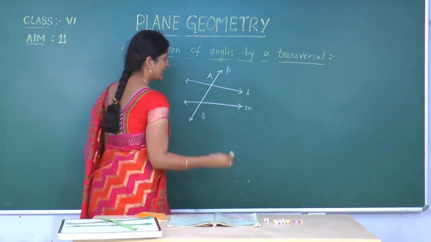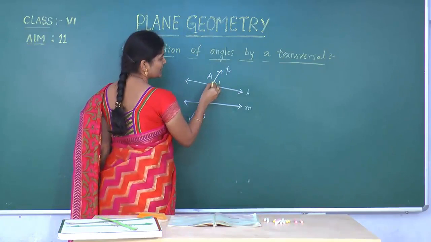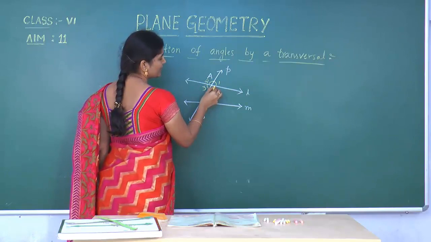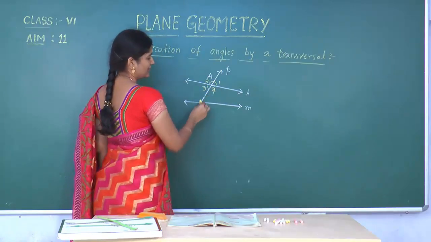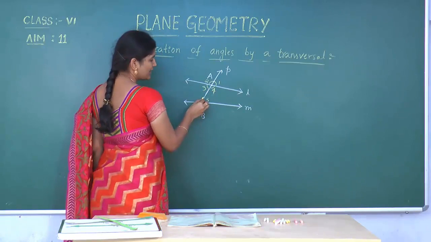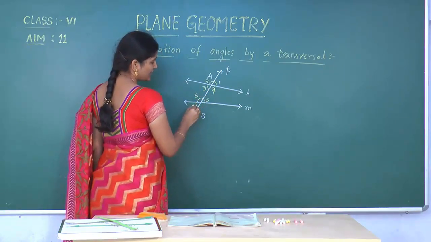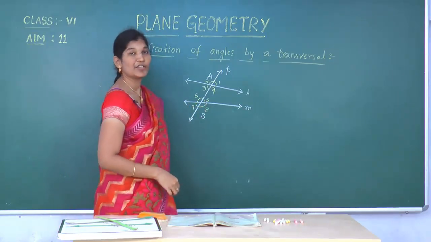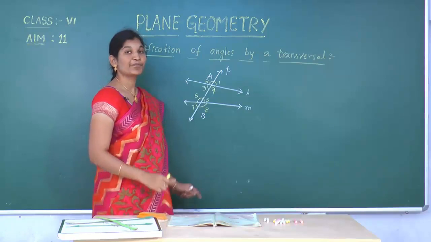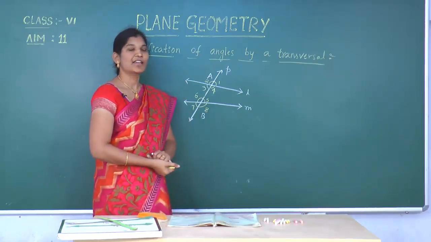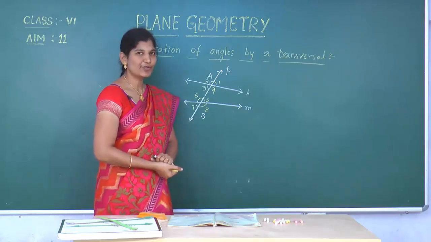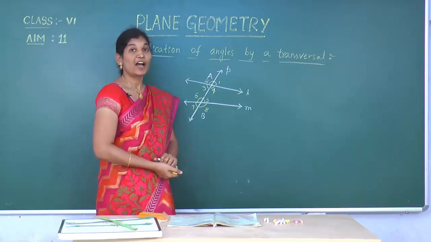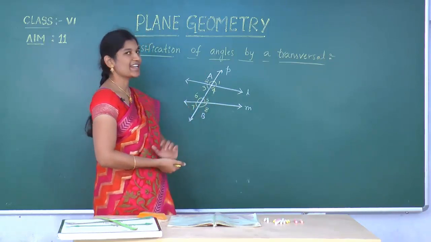Let me count. This is the first angle, the second, the third, the fourth, the fifth, the sixth, the seventh, and the eighth angle. Totally, how many angles are formed? We have 8 angles. If a transversal cuts the given two lines at two different points, 8 angles are formed. How to classify these 8 angles?